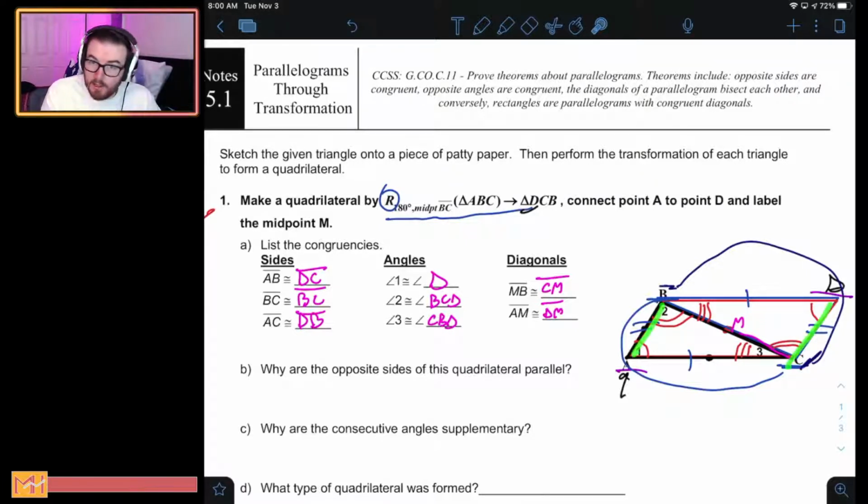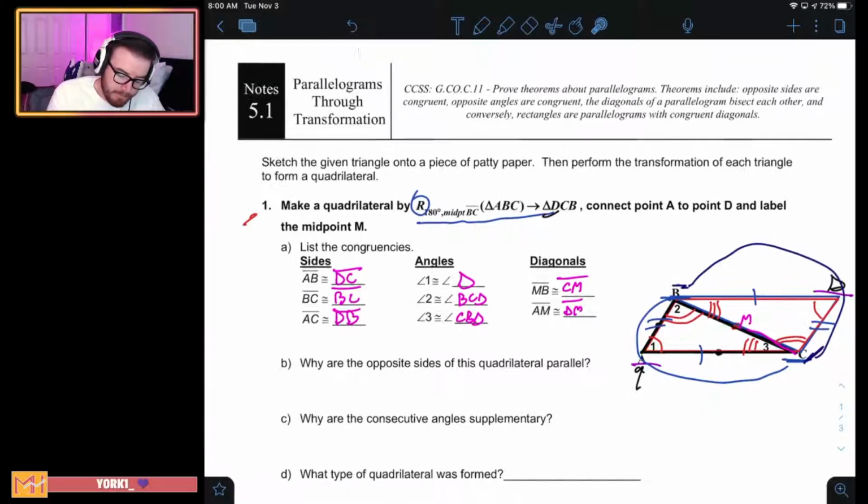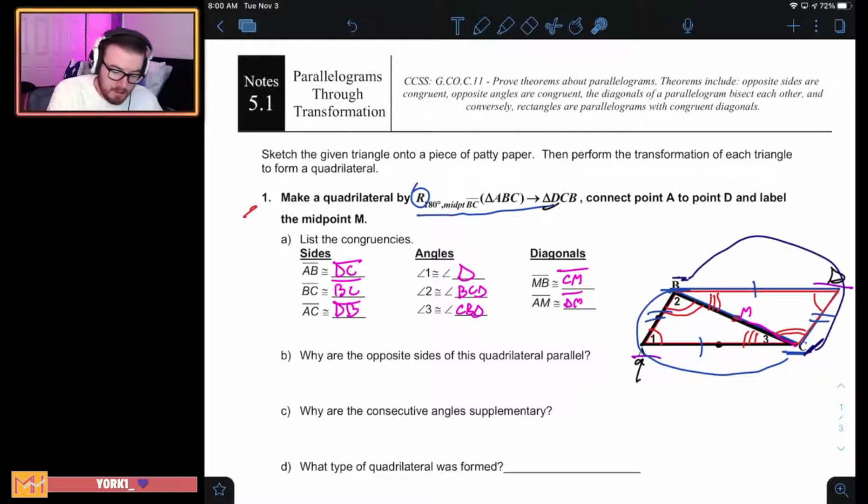These sides are congruent. These sides are congruent. This angle is congruent. These angles are congruent. These two angles are congruent. And also, because M is the midpoint, this half is congruent to this half. Also, this half is congruent to this half. Lots of congruency happening there.